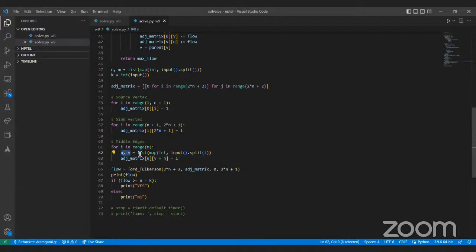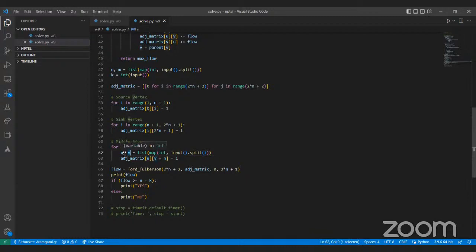And now for the middle edges in the graph G prime, there is an edge from U to V in G. So I need to add an edge from U1 to V2 in G prime.